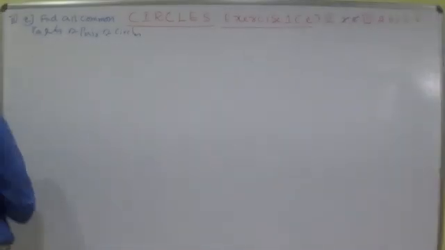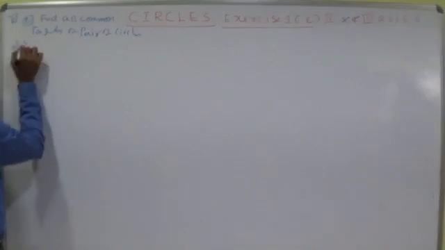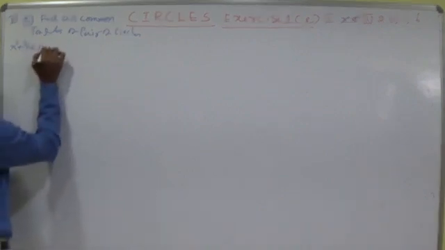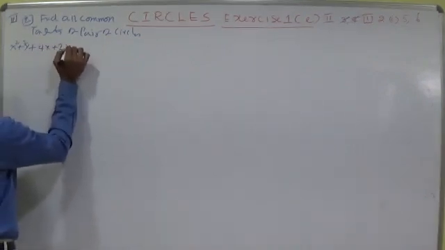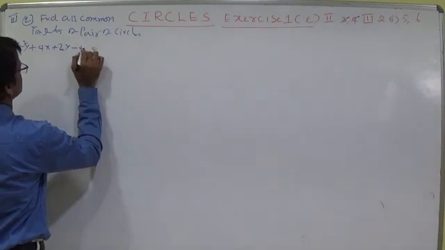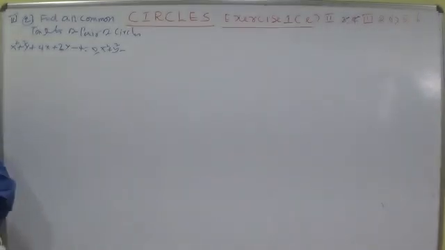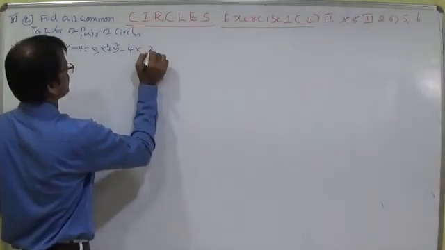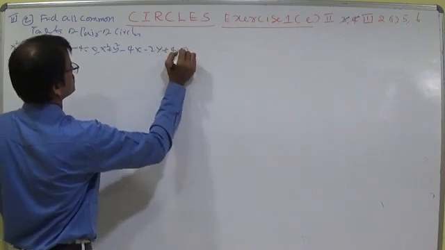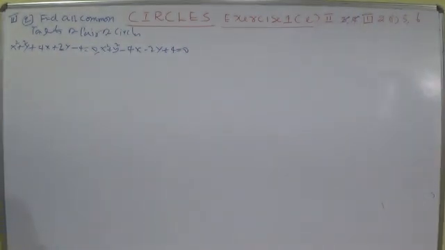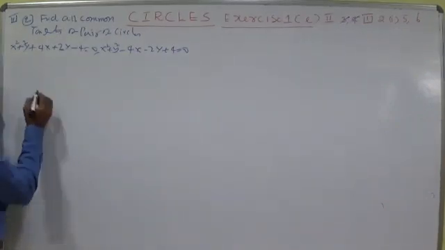Second sum, I say x square plus y square plus 4x plus 2y minus 4 equal to 0, and x square plus y square minus 4x minus 2y plus 4 equal to 0.